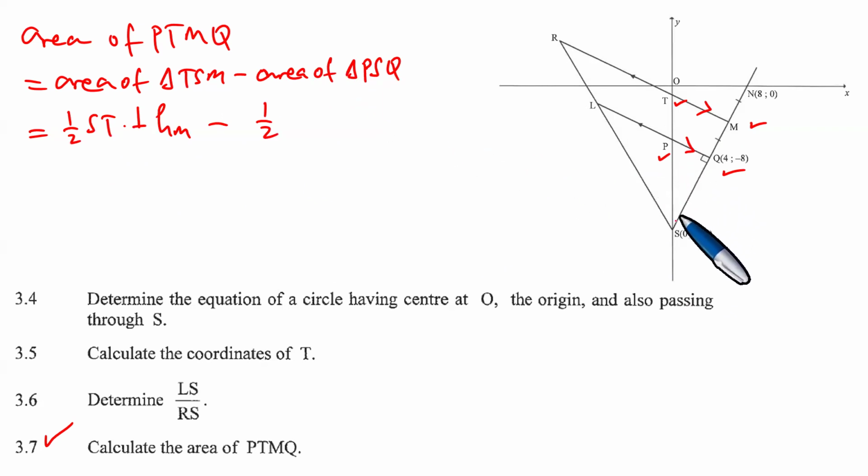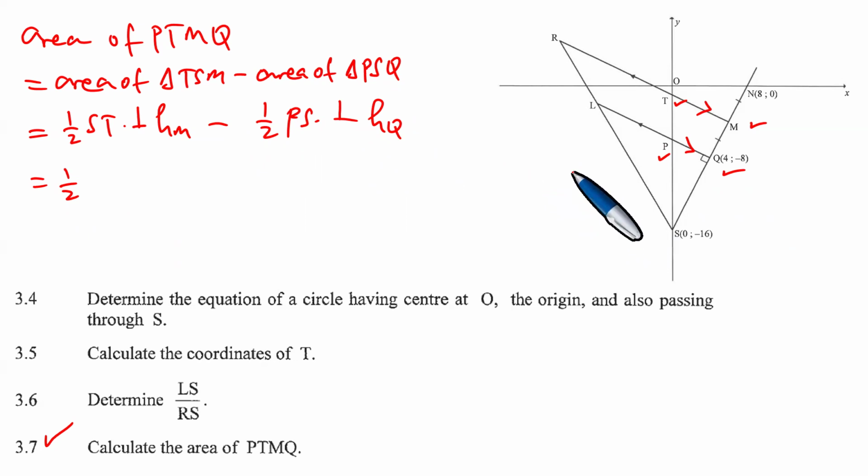Right, just look at the triangle PSQ. So you say half the base PS times the perpendicular height HQ.